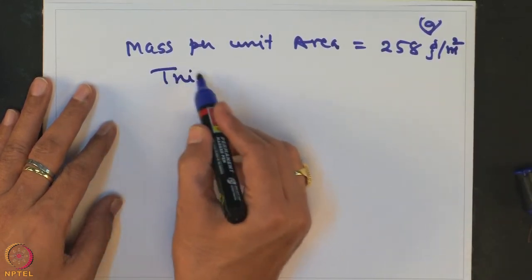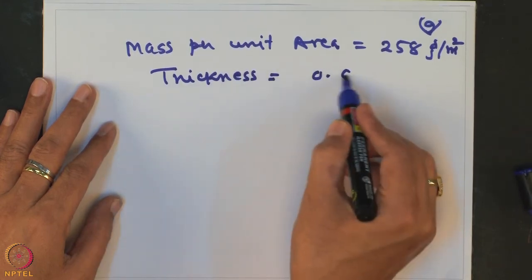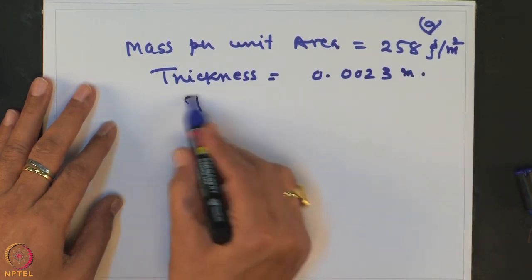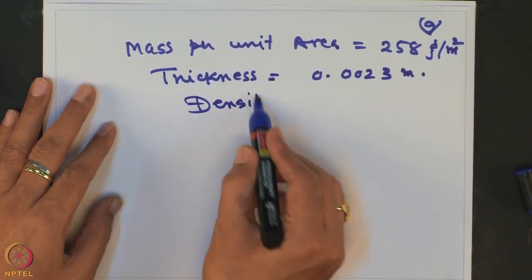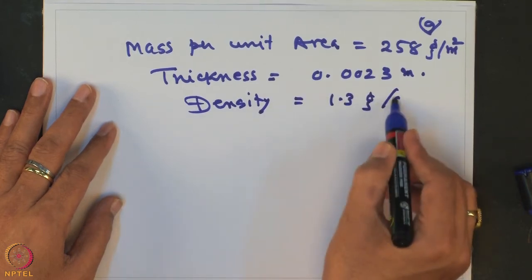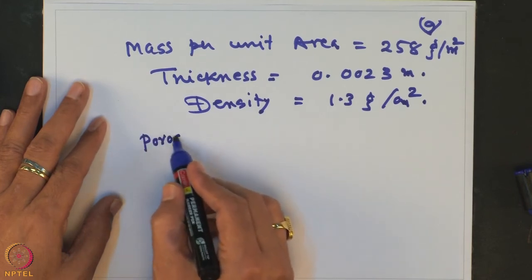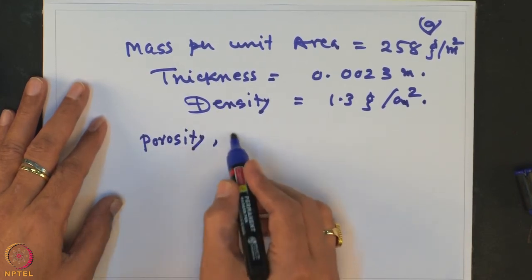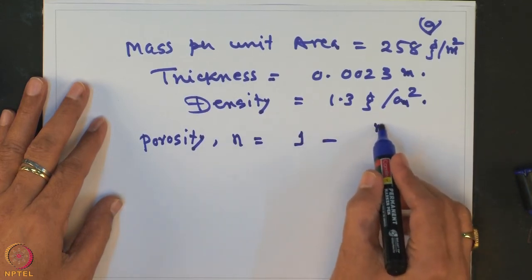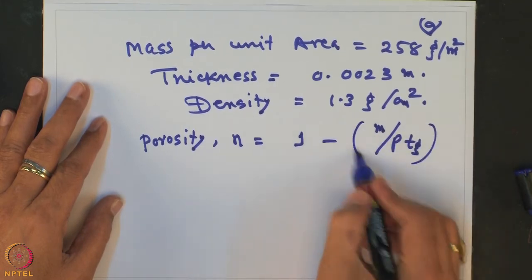And let us say thickness of the geosynthetic material is 0.0023 meter. Now, you know the density is equal to 1.3 gram per centimeter cube. So, porosity n is equal to 1 minus M divided by rho into T of G.